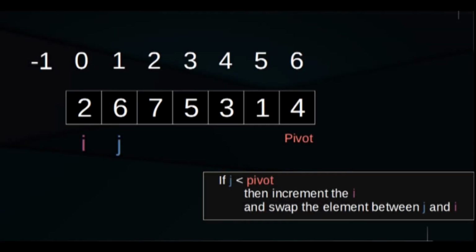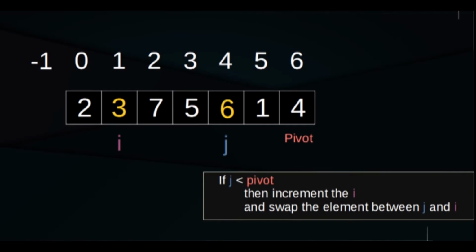And then we move the j to another position in the array incrementally until it reaches pivot -1. In here, during the first, second, and third position, we will not change anything because the condition where j is smaller than pivot is not met. In the fourth position, however, the condition where j is smaller than pivot is met.